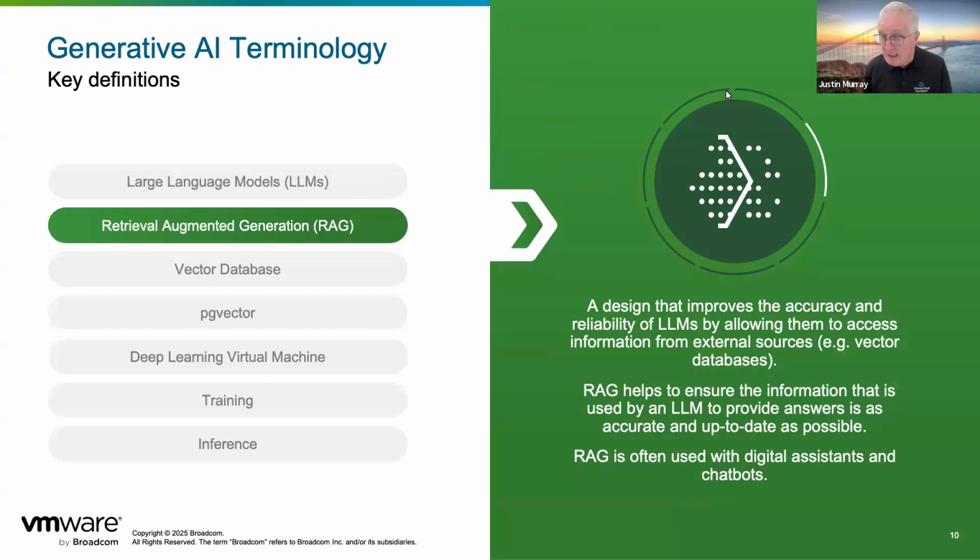And the way in which we help a model talk about your private data is we build something called retrieval augmented generation, which is really fancy terminology for helping the model by means of data in a database. In other words, augmenting the model with data that came from a database, Retrieval being the database.